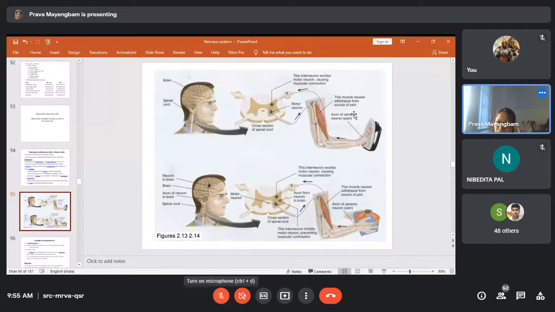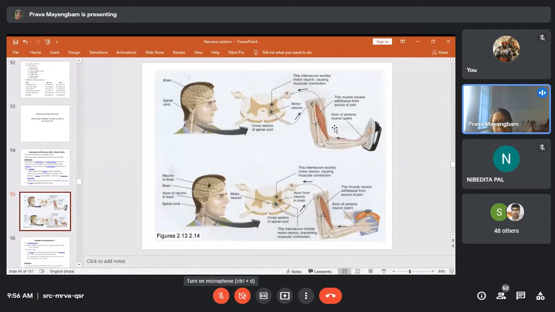During this, the extensor group of muscles will relax, and side by side there will be contraction of the flexor group of muscles. There will be withdrawal of the hand. How are you going to withdraw? Suddenly you will move up.